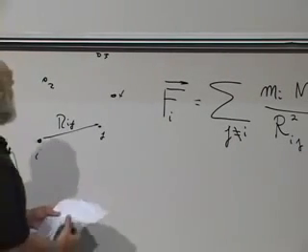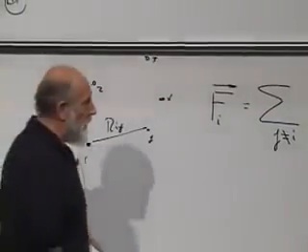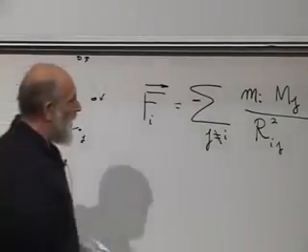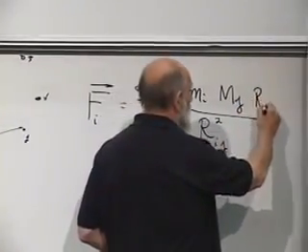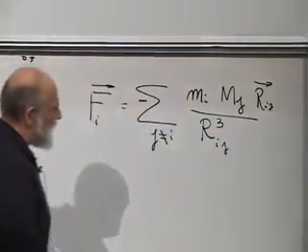Right. But then, just as we did before, we have to give it a direction. Put a minus sign here. That indicates that it's attractive. Another Rij upstairs, but that's a vector Rij, and make this cubed downstairs.